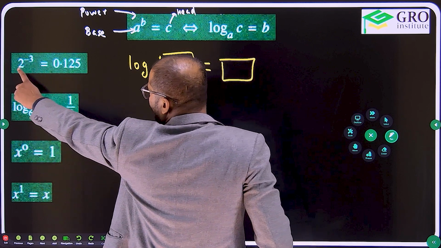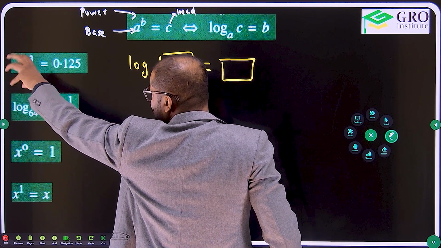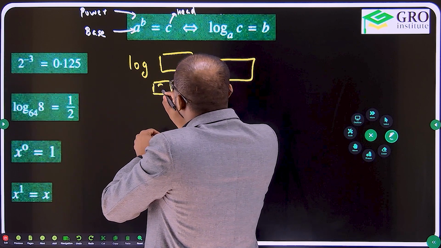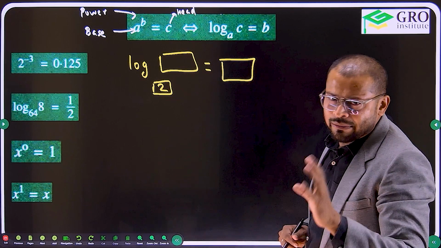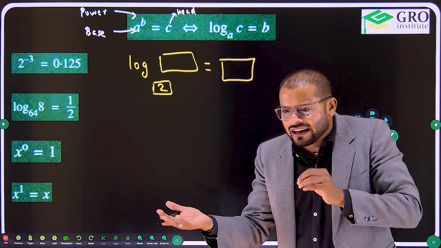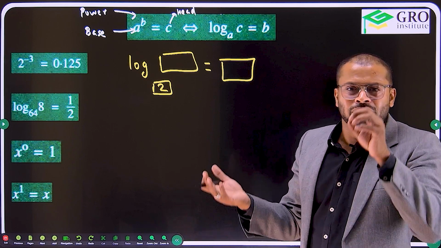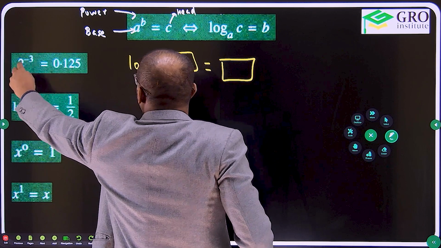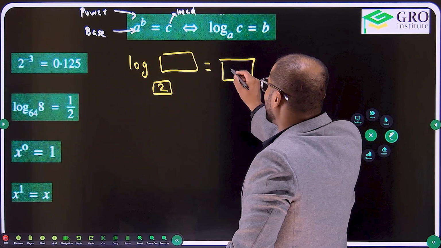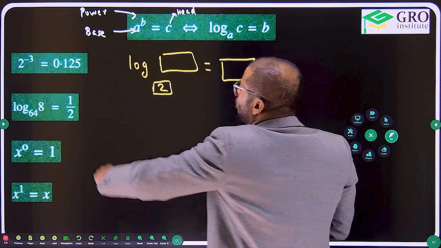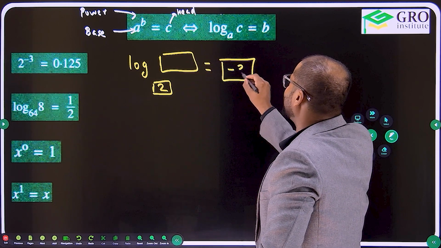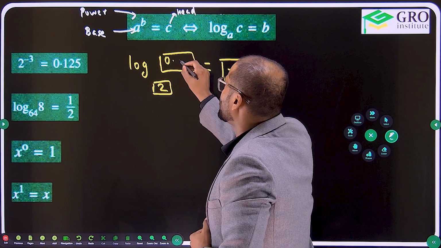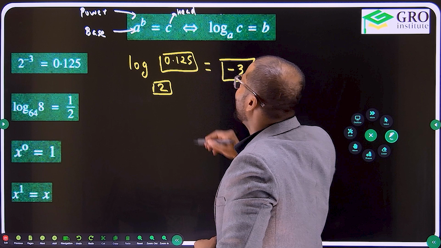Right now 2 is your base, the thing written below. So here also 2 will be written. Base will remain base, right? Now this is your power, written over here. What is the power over here? Minus 3. And this is the place for head, which is right now 0.125. Are you getting my point?